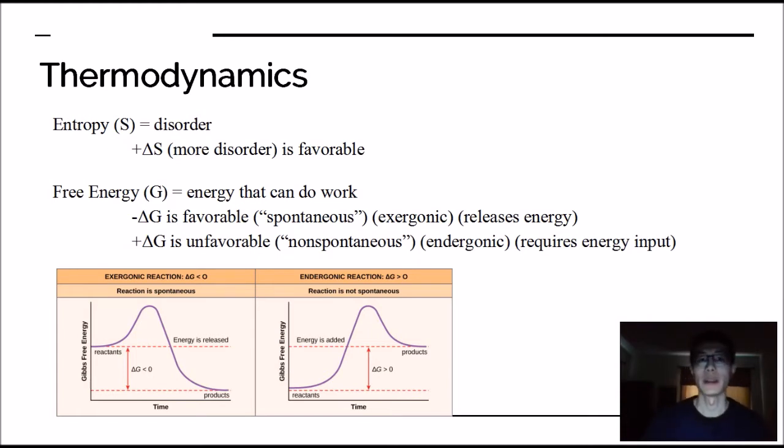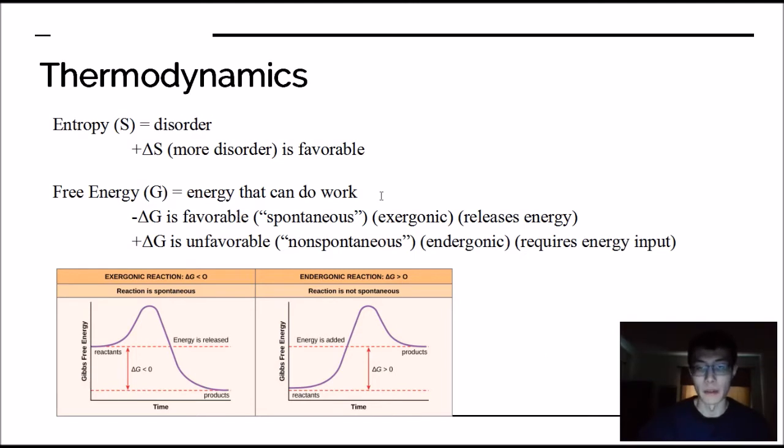The second thing that we like to talk about is free energy, more specifically G, or Gibbs free energy. It's looking at whether the energy is able to do a certain amount of work and make a certain reaction occur or not. So we have two things. The first is negative delta G, and that's when a reaction is favorable. Sometimes we call it spontaneous, although that's not always the best way to describe it.